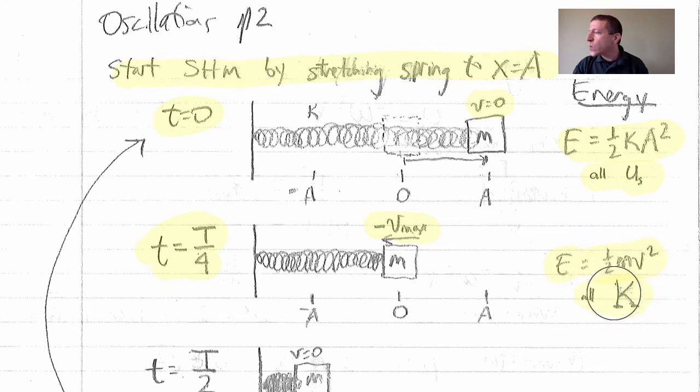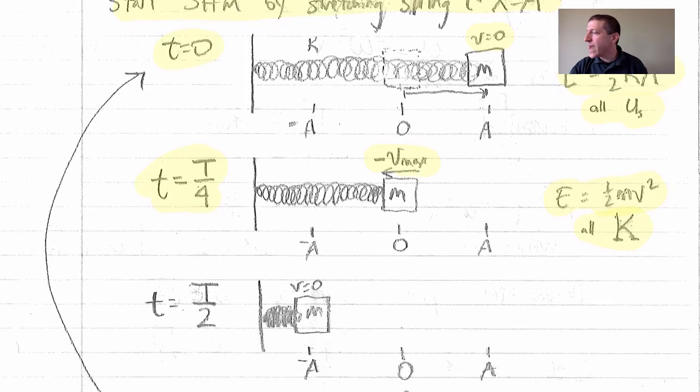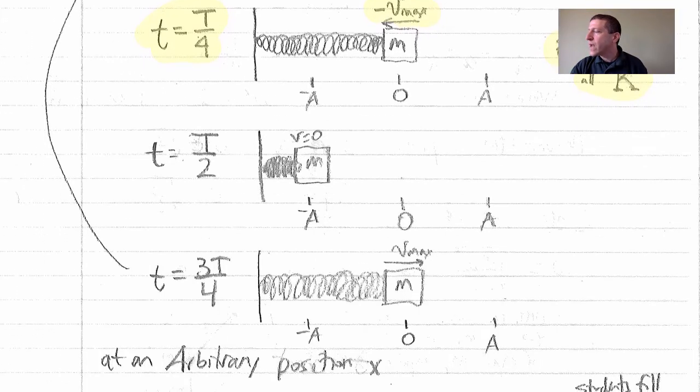And what will be the relationship of the energy 1/2 m v max squared compared to this? Ask yourself that. How will the kinetic energy it has right here compare to the spring potential energy it had right there? If you say they'll be equal, you're right, because we haven't lost any energy. So let's keep going and take a look at the next situation.